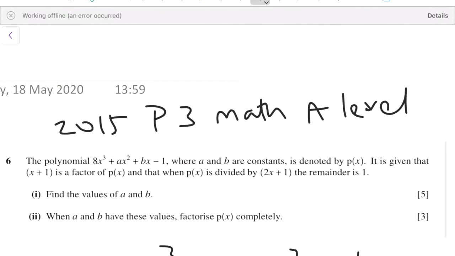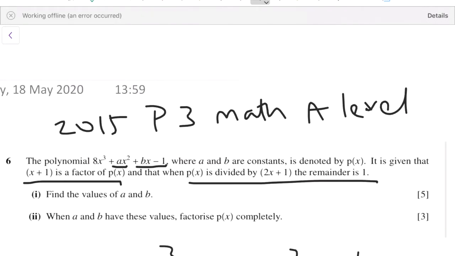So the polynomial 8x cubed plus ax squared plus bx minus 1, where a and b are constants, is denoted by p of x. Now we are given that x plus 1 is a factor of p of x, and that the remainder is 1 when p of x is divided by 2x plus 1.